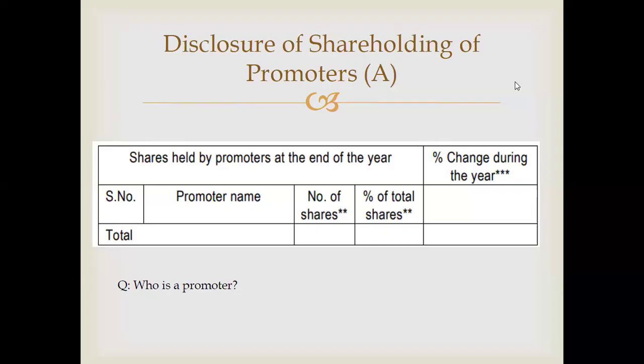Suppose I'm having a lot of money. I want to purchase share of Asian Paints. How much shares can I buy in one day? Any guesswork?